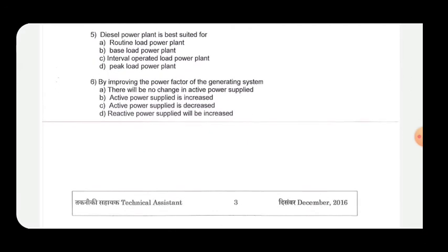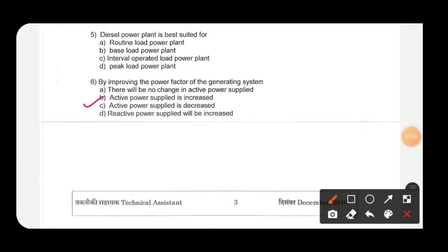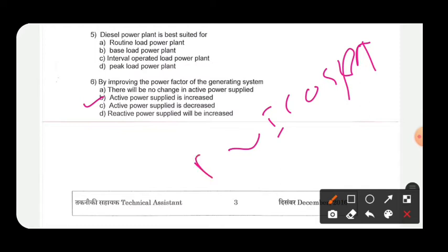When the power factor goes high, the active power supplied will increase, because of VI cos phi. When the power factor is low, the reactive power drawn is more, and when the power factor is improved, the true power value will increase. So option B is correct.